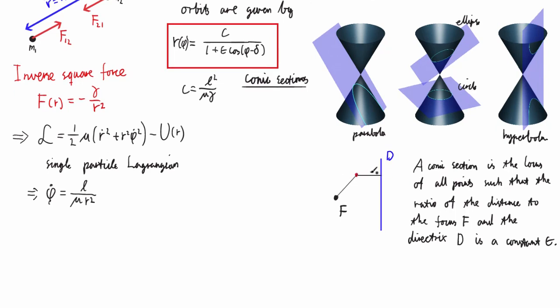In other words, the distance from here over the distance there should be a constant.